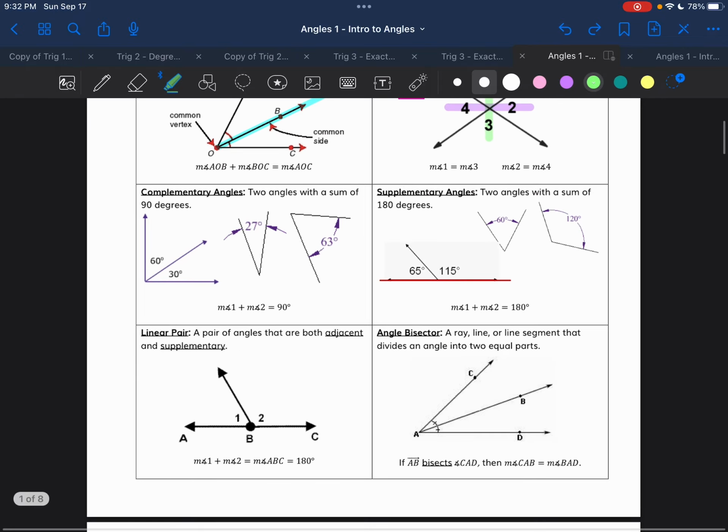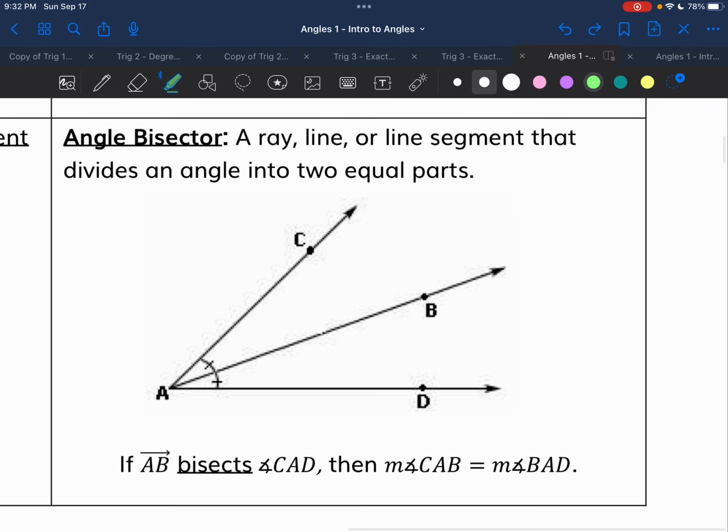The difference now, angle bisector, if you want to treat this like it's an English class: bi, the prefix, means two. Sector means sections, parts. We are talking about an angle that is divided into 2 parts.